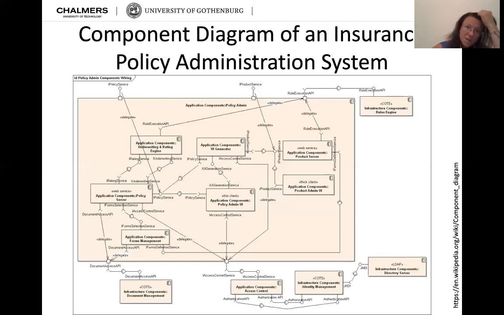And then within the policy admin subsystem, we have several application components. We have the underwriting and rating engine, the UI generator, and the forms management in the bottom left. Then we have two web services, the product server and the policy server, and two thin clients, the policy admin UI and the product admin UI.